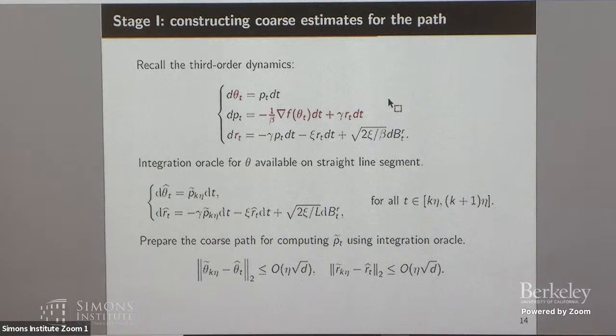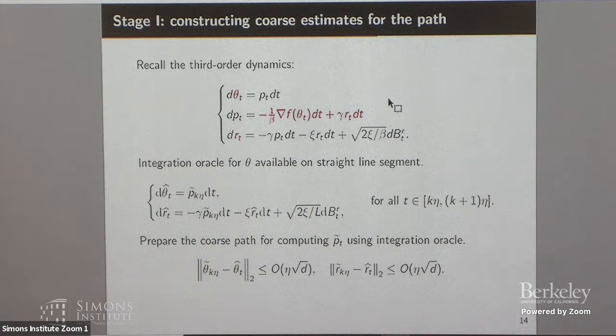So here, the tilde is P of theta, P and R of K eta, with the tilde on top meaning the output of the last step. So our algorithm is basically an update from the tilde at time K eta to time K plus 1 times eta.